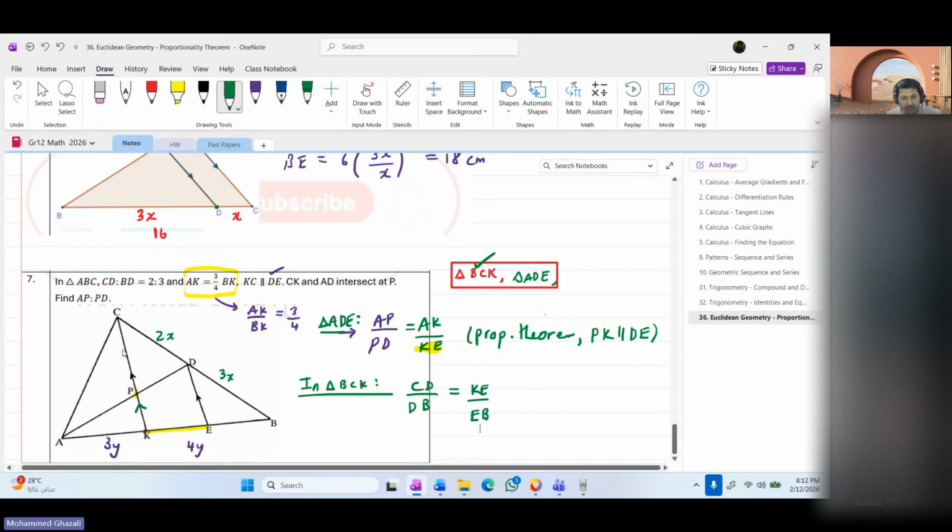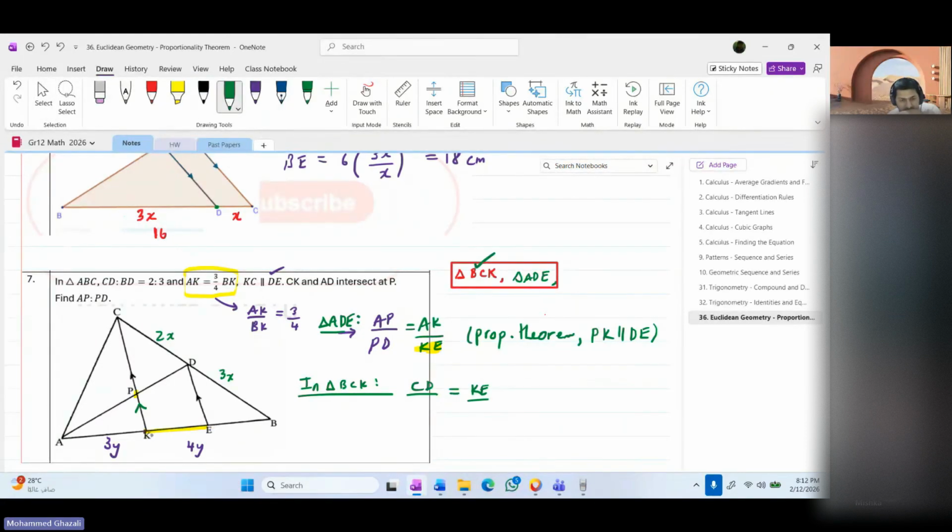But now we got a problem because we don't have EB. So I need to change the ratios at the bottom. So say CD, we got the entire ratio KB here, right? So you need to say CD over CB. CD over CB is equal to KE over KB, because I have KB, which is 4y, right?